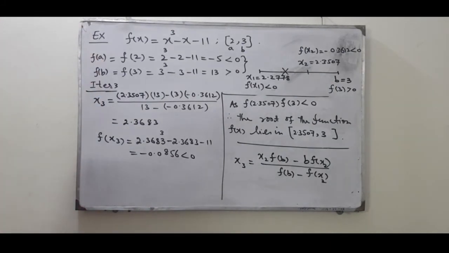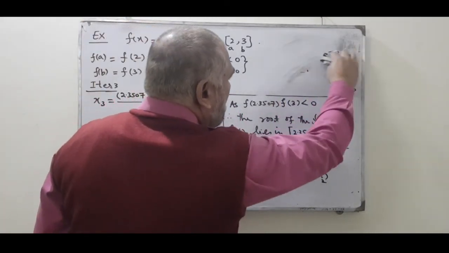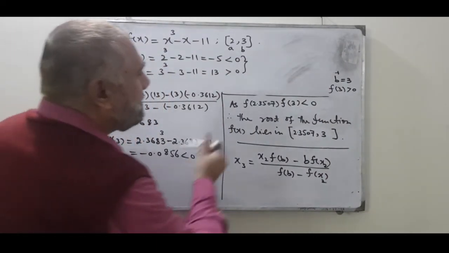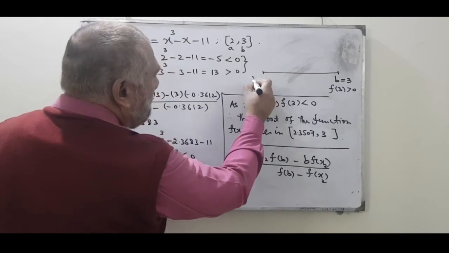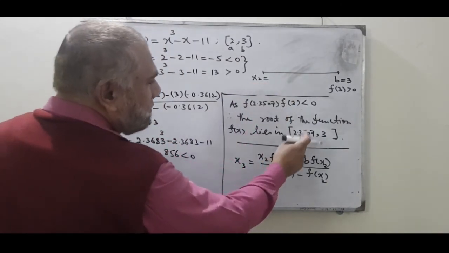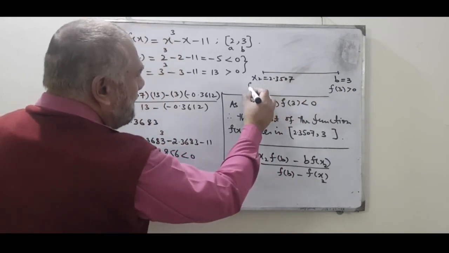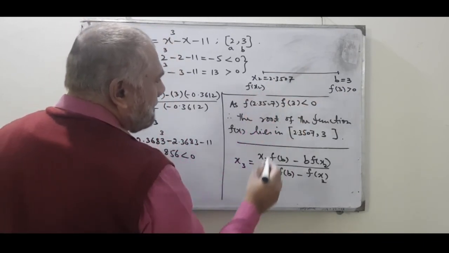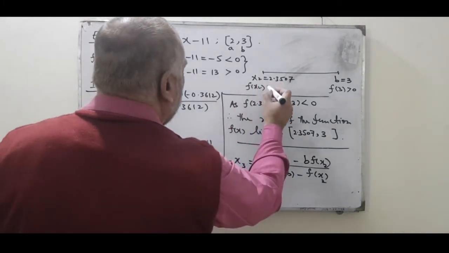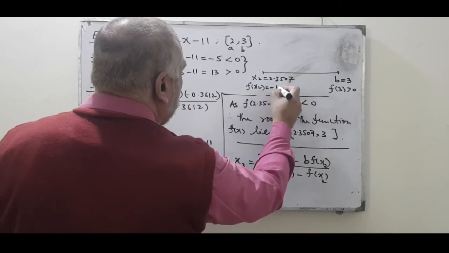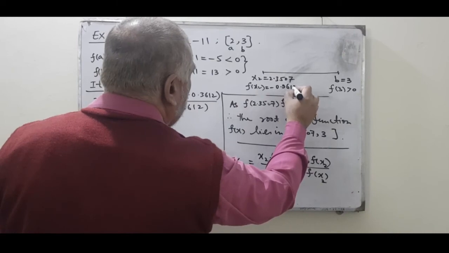Now if you bring all this information onto the straight line, the previous information will change. The right hand point is still intact, I keep it as it is. The left hand point was x2, and x2 was equal to 2.3507, and the function's value at x2, which we had calculated, was minus 0.3612, and this was negative.